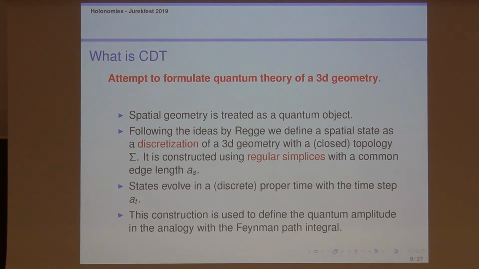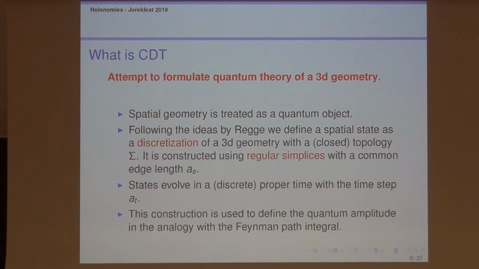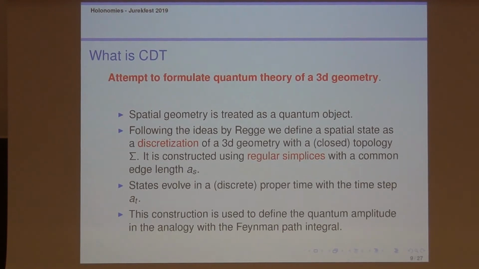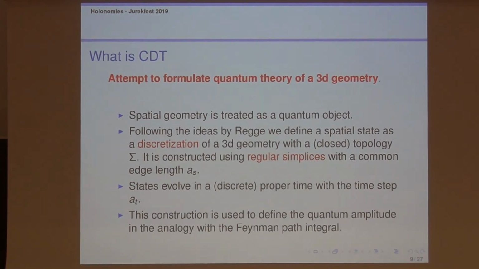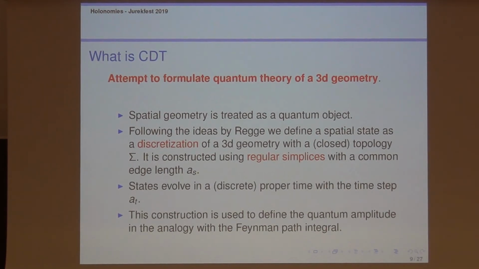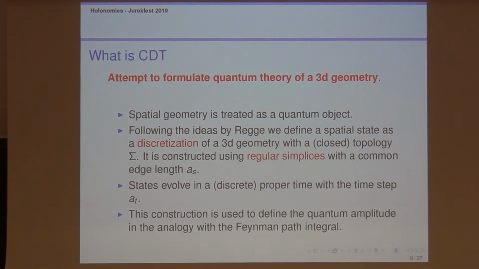The idea behind this model is that we will try to formulate a quantum theory of geometry, rather than, it's maybe too strong a statement, quantum gravity. It's maybe quantum geometry. We treat spatial geometry as a quantum object, and in our approach, the states which characterize the three-dimensional geometry are discretized, and they are triangulated using regular tetrahedra.